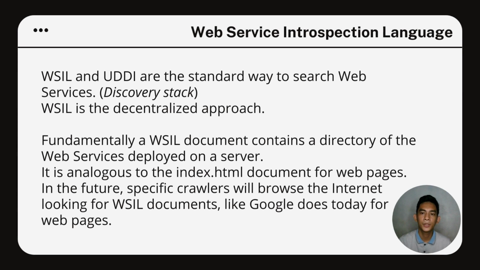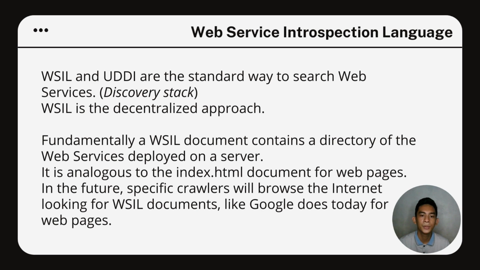Web Service Inspection Language. WSIL and UDDI are the standard ways to search for and discover web services. WSIL is the decentralized approach. Fundamentally, a WSIL document contains a directory of web services deployed on a server.